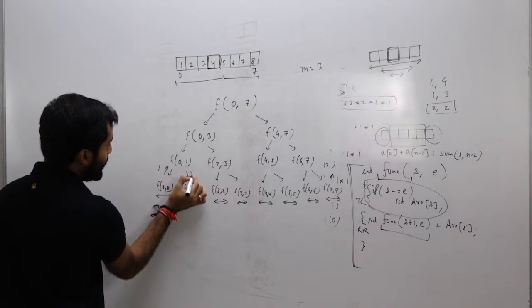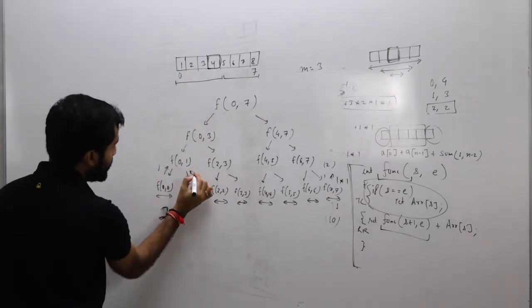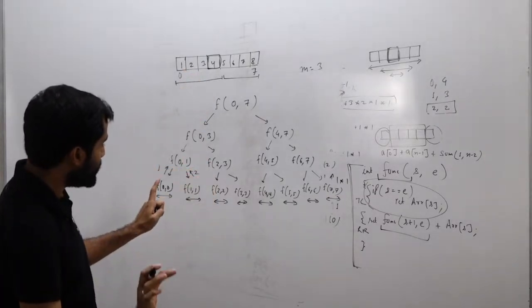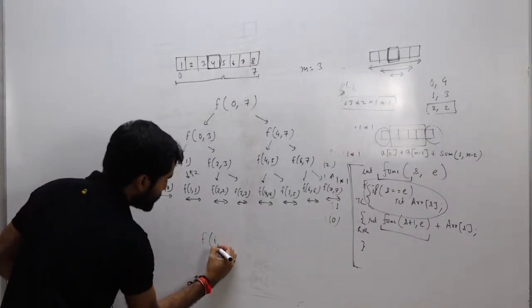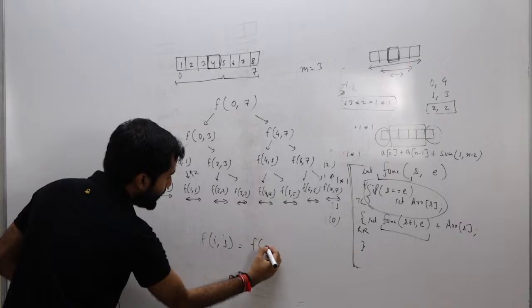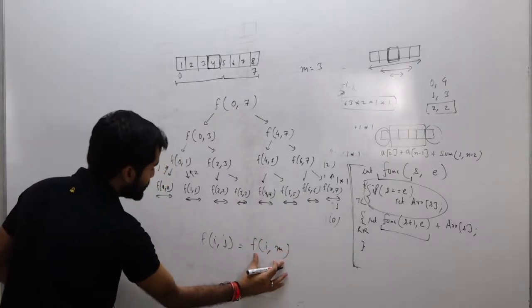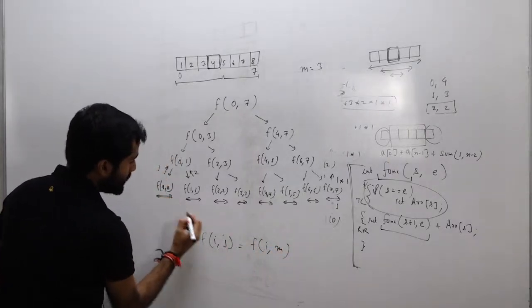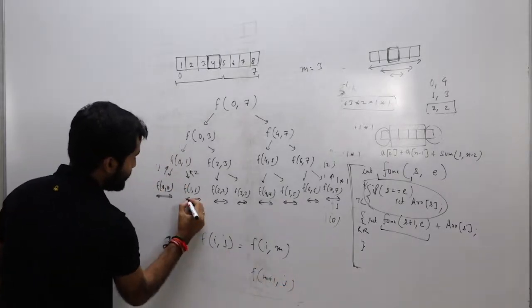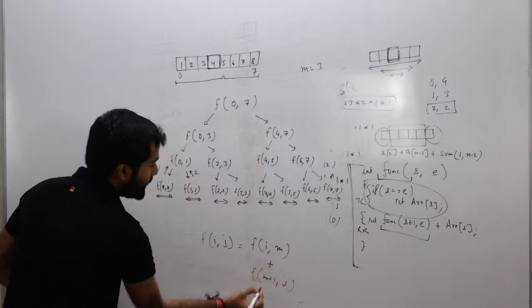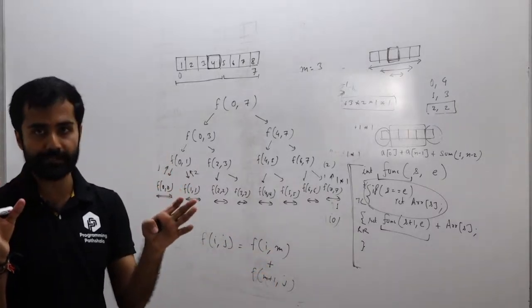What is array of 1? Array of 1 is 2, so we will return 2 from here. Now if you remember, the code we had written was something like this, that f of i to j wanted to know f of i to m, so this was the left half function call, and then it wanted to know f of m plus 1 to j, which is the right half function call, and then it wanted to add the two results.